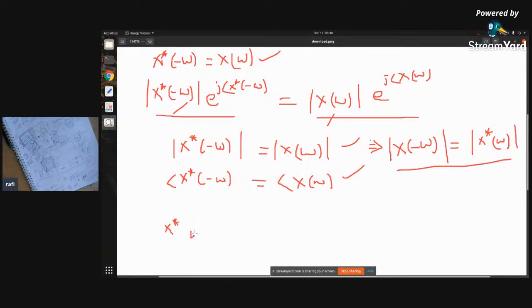So x star of omega is the summation of x of n e power minus j omega n, with the star conjugating it to plus j omega n. You can put it as x real part of omega plus j into x imaginary part of omega.